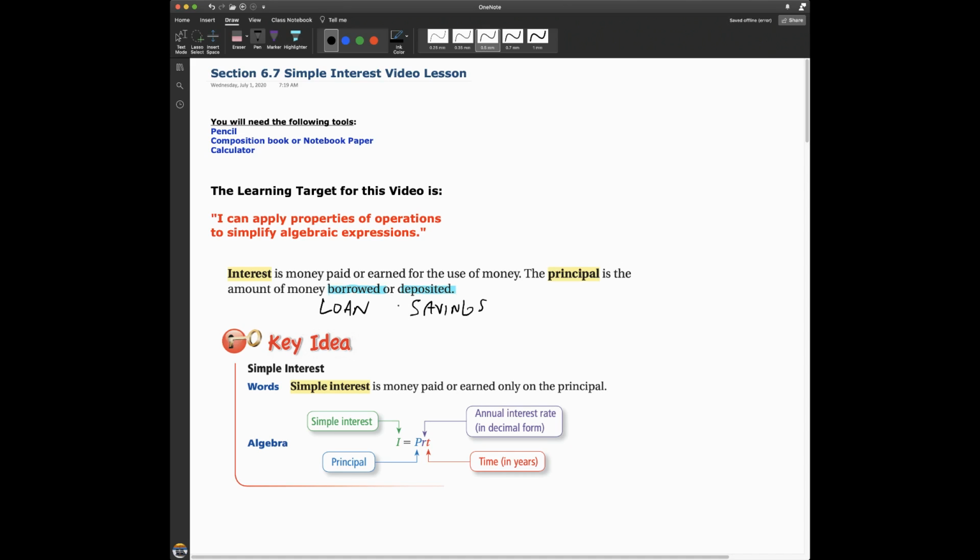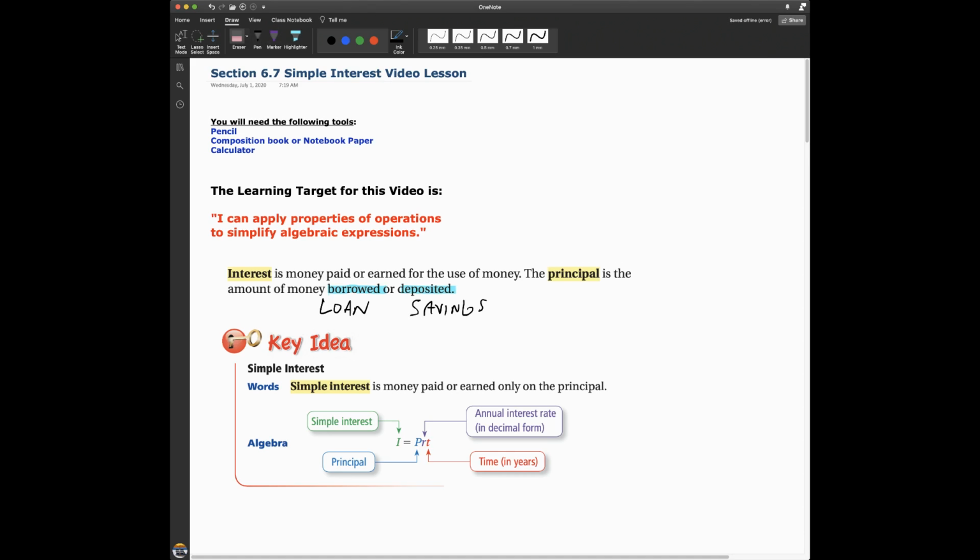And so you can earn interest when you deposit money into a bank account, and you can owe interest if you get a loan for something like an automobile or some other types of things that have interest attached to them.